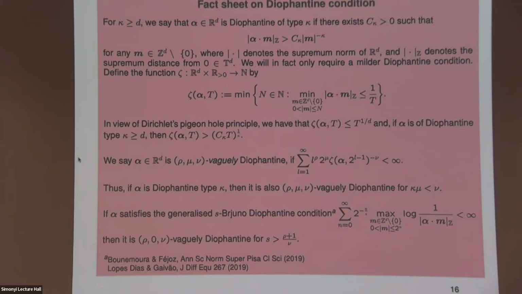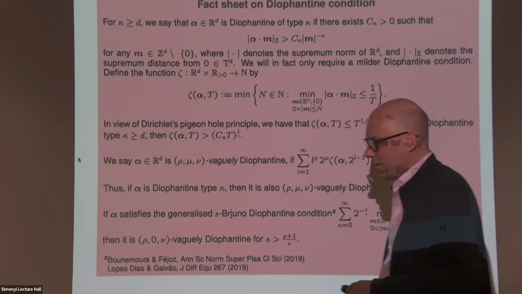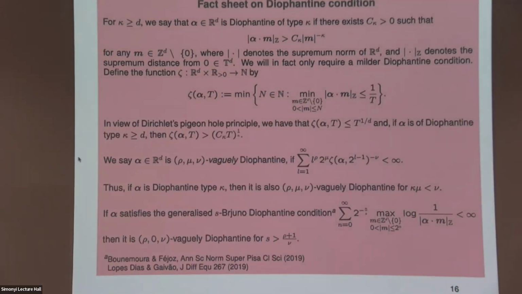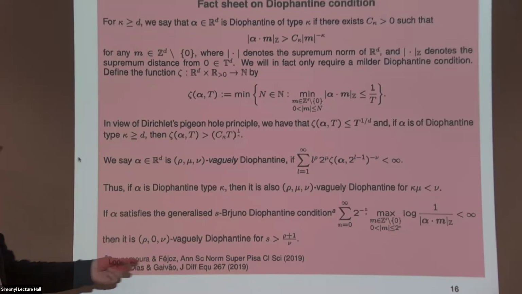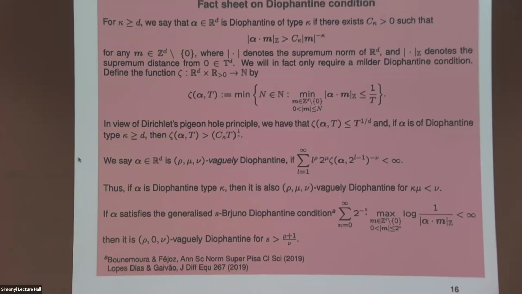It is a variant of the famous Bruno type Diophantine condition. We didn't find exactly this condition in the literature, but it's very closely related to an extension of the Bruno condition, the so-called S-Bruno condition, that was invented independently recently by Unamura and Fayos and Lopez Diaz and Gaballo.